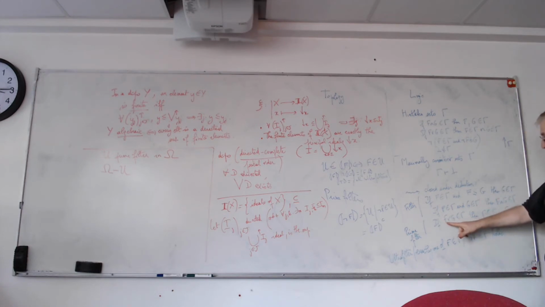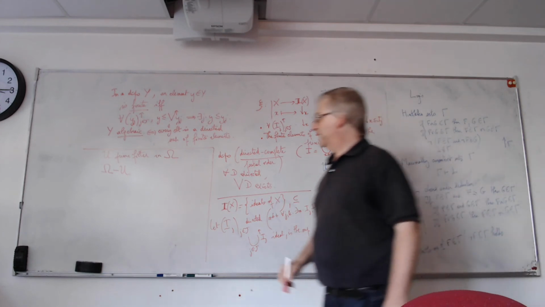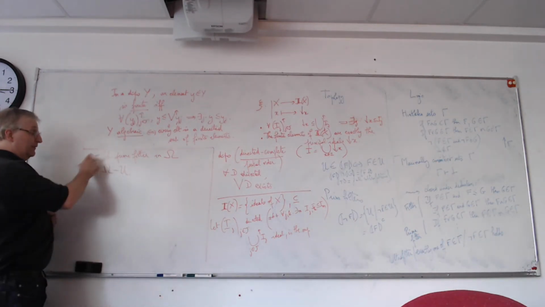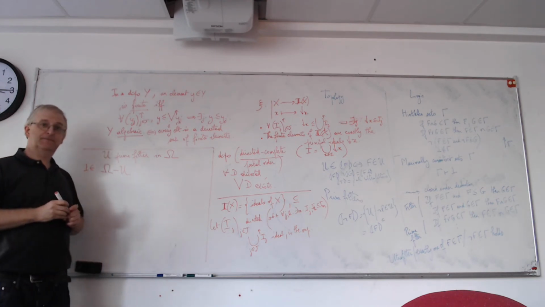A prime filter is a filter which not only has this property that if f or g is in it, then f or g is in it, but also that the filter is proper, so that false is not in it. That was probably implied by other things, but I don't know. Well, that was written here. So false is not in u, so false is in the complement. So that thing is non-empty.